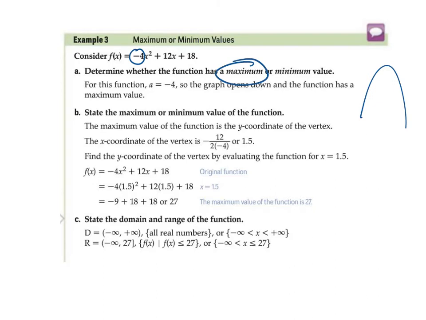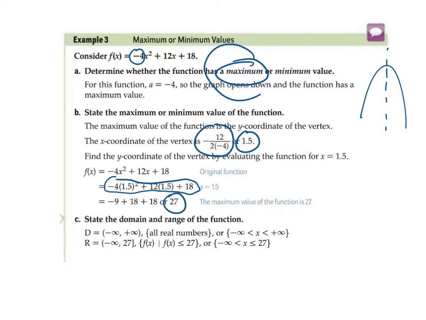Now, to find the maximum value, we know that value is going to be at x, where x is equal to the axis of symmetry. So we do negative b over 2a, which is 1.5. When we plug in 1.5 into the function, we get 27. So we know that the maximum value is going to be 27.